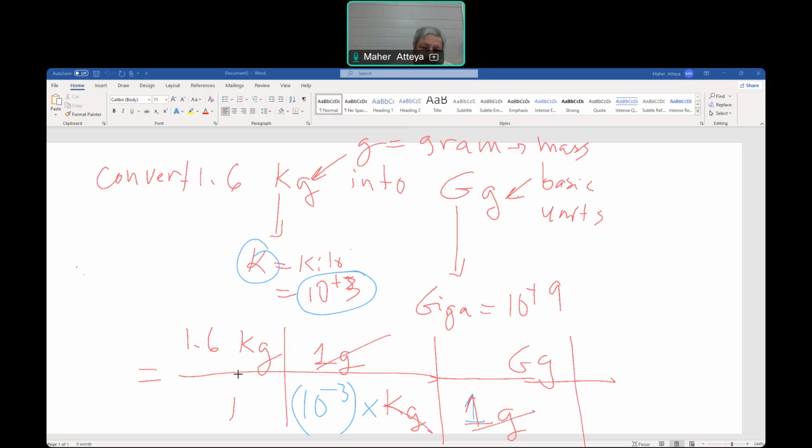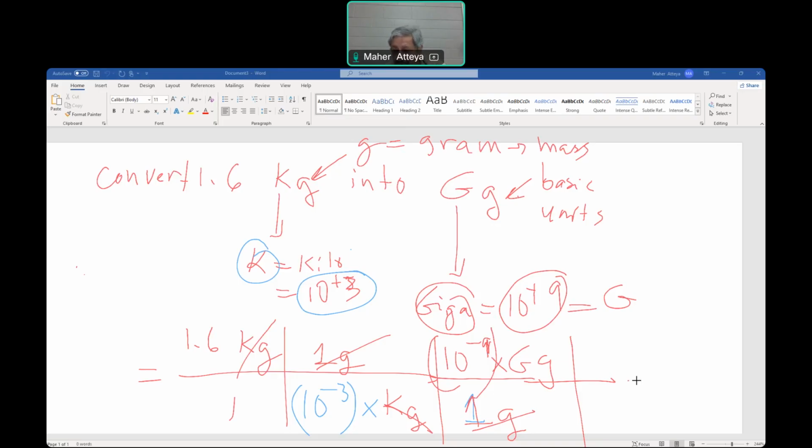Kilo with kilo cancels out. Giga is capital G, which is 10 plus 9, correct? So I have to put in front of it the opposite of the exponent, 10 minus 9.